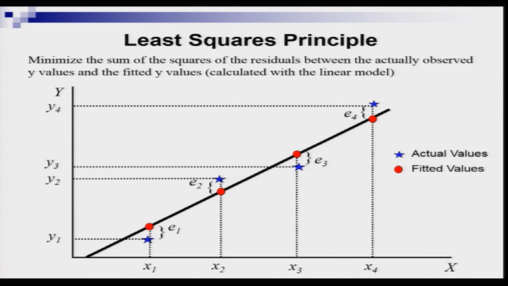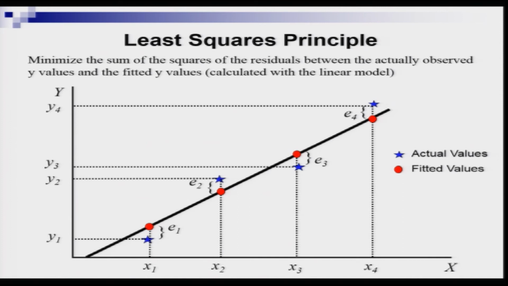Then from this hypothetical equation, if you plug in the values of different x's, x1, x2, x3, x4, then you will get the predicted or the fitted values. So for x1 you will get y1 hat, and for x2 you will get y2 hat, and so on and so forth. These fitted values I am showing here as the red circles that all lie on the fitted black line.